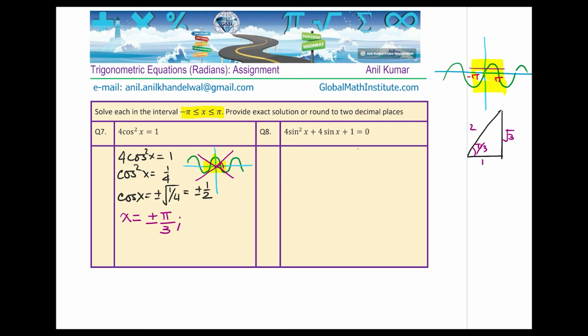We can take away pi from each. Let me draw this slightly bigger to explain the concept. What we got here is one of the solutions as pi by 3. Correct?